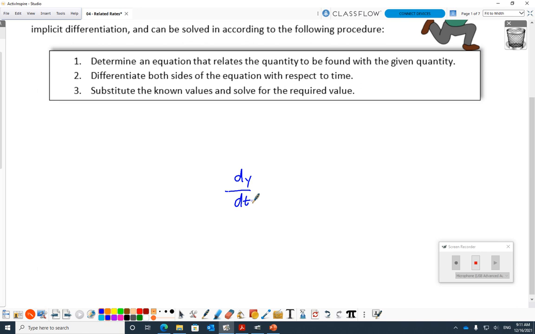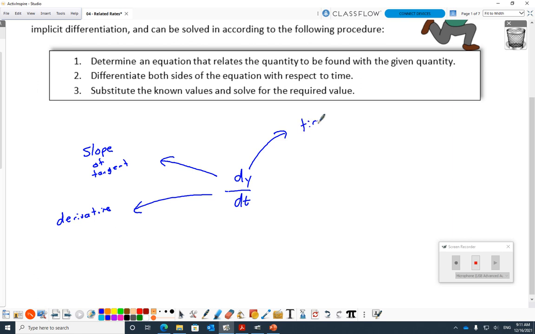It means slope of tangent. Yes, it does mean that for sure. It means derivative. Yes, it definitely means that for sure. It means time.